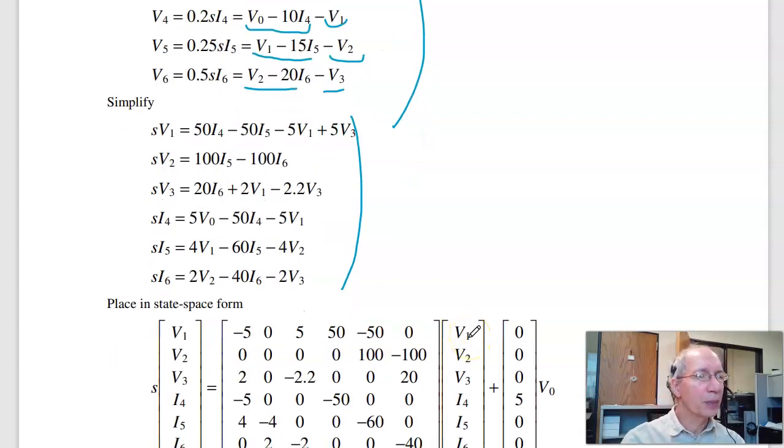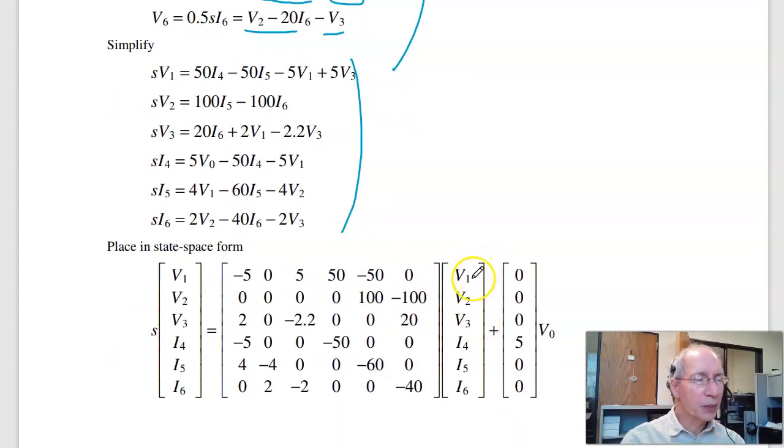In state space form, I'm going to put the states as V1, V2, V3, I4, I5, I6. sV1 is 50 times I4 minus 50 times I5 minus 5V1 plus 5V3. Likewise the second, and so on. So here's my A matrix. There's my B matrix.